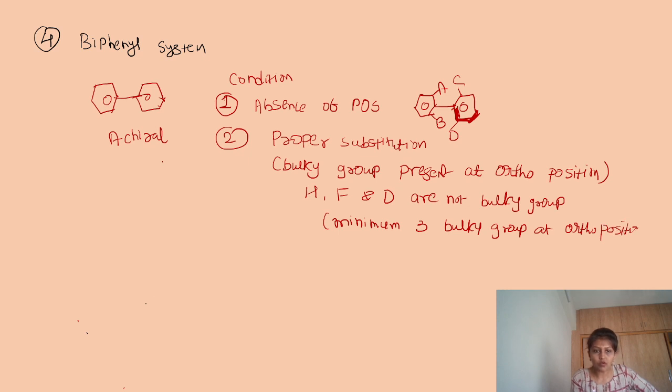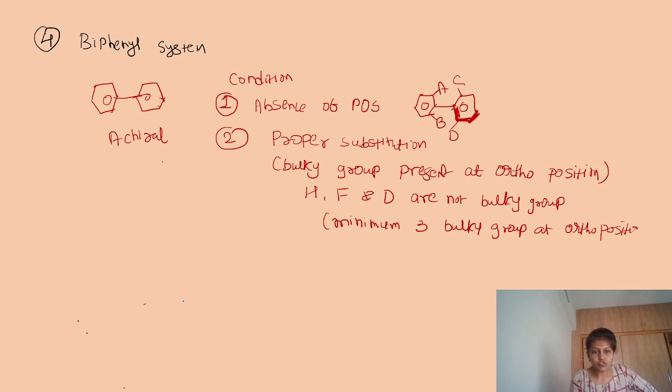So these are ortho positions. So here we can say A, B, C and D, in which at least 3 groups must be bulky. Okay, so only one hydrogen, one fluorine or one deuterium may be present. Minimum 3 bulky groups are present.